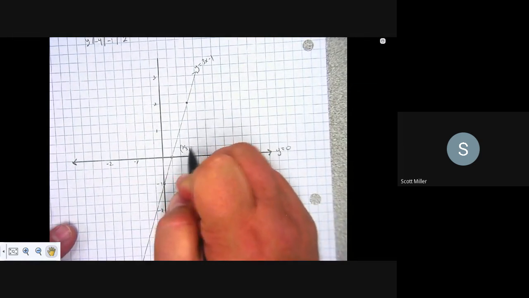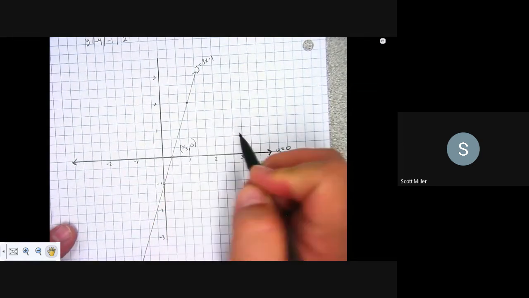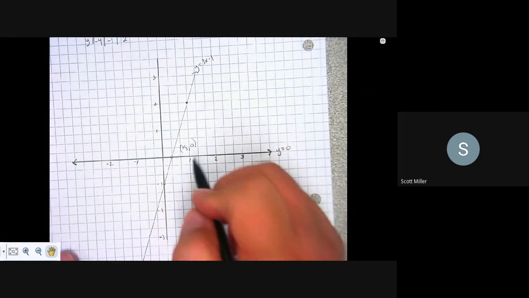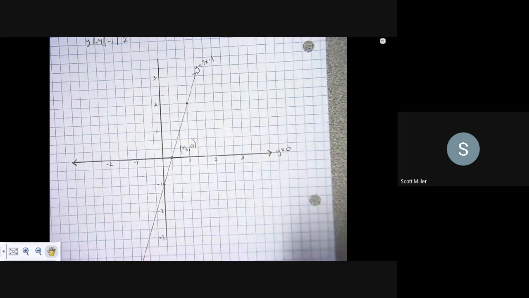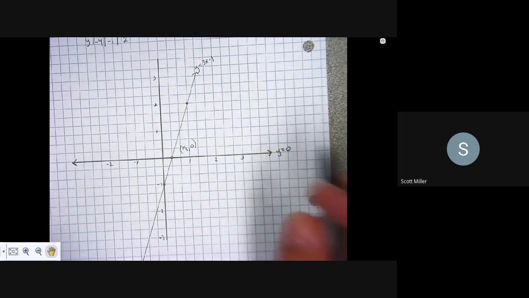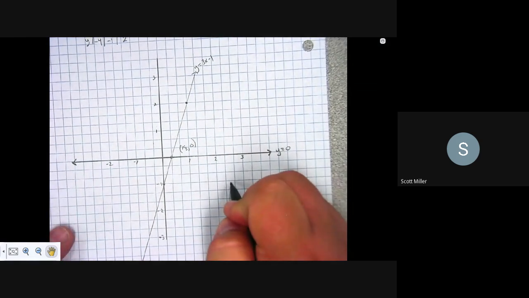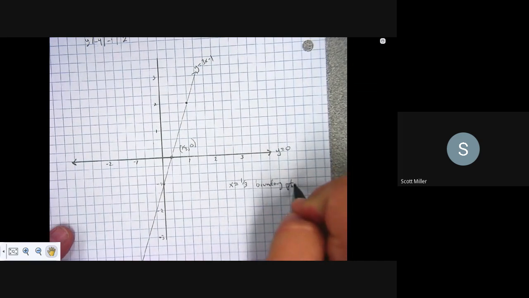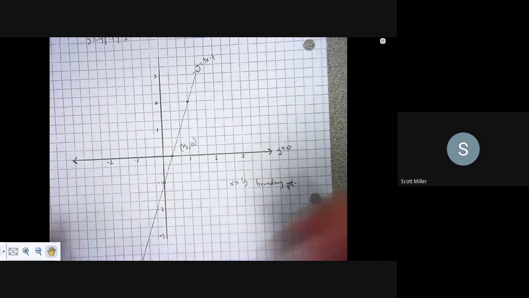I get 1/3, comma 0. That 1/3 is the boundary point. So x equals 1/3 is your boundary point. So what are we going to do with this? How does this help us out?